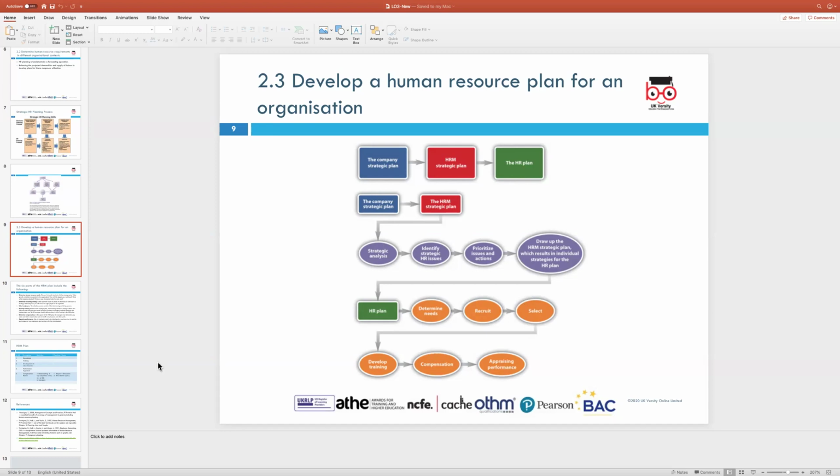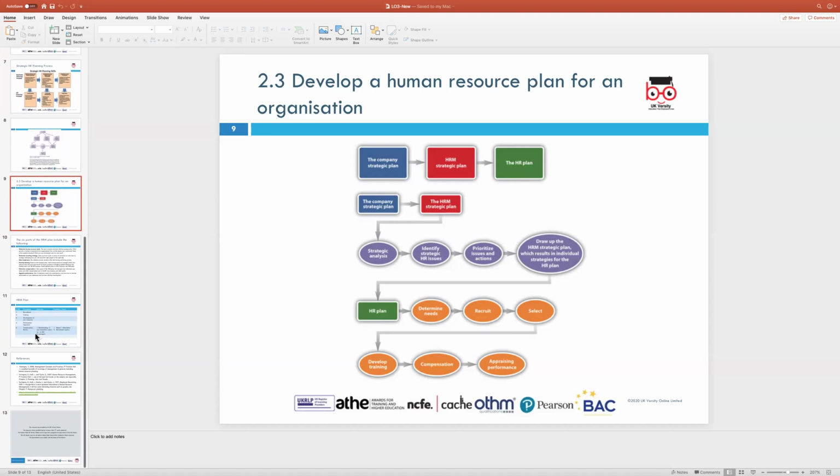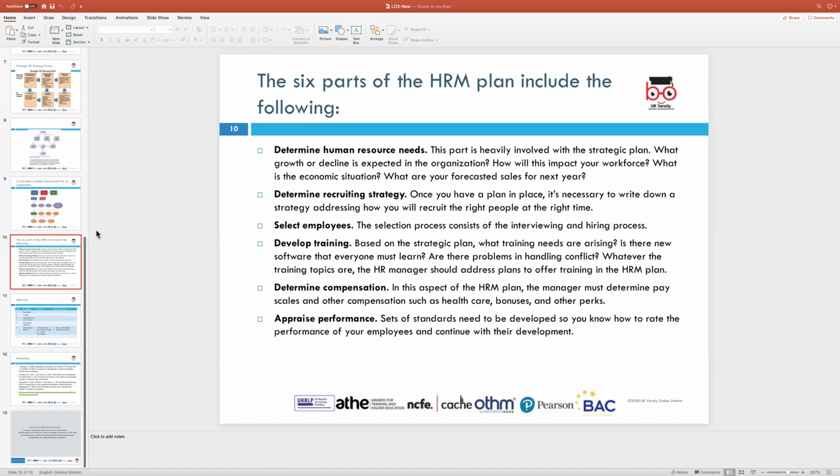Perfect. We're almost at the end of this presentation. Now, these are the parts that I already spoke about in this slide previously. So this has every little bit that I explained. It talks about how to determine human needs. So we obviously need to see our plans and see what associates we might need.